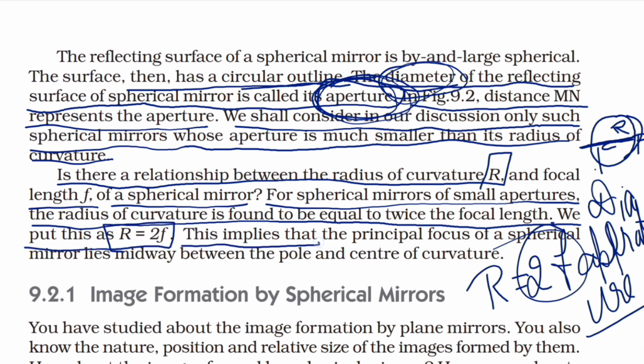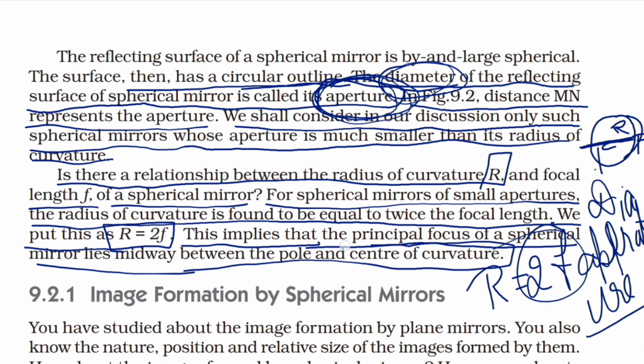This implies that the principal focus of a spherical mirror lies midway between the pole and the center of curvature. That is represented by F, the principal focus. From the pole to the principal focus is called the focal length.